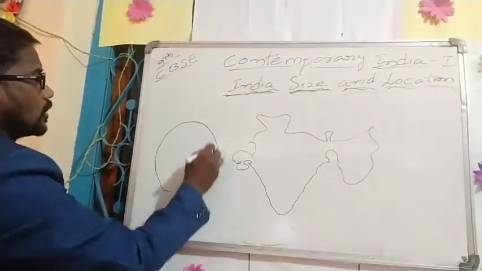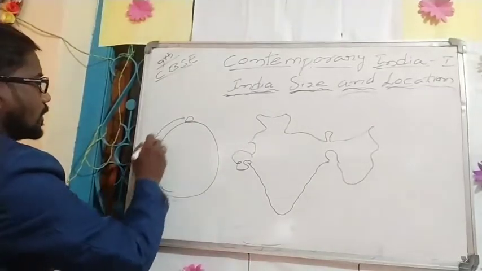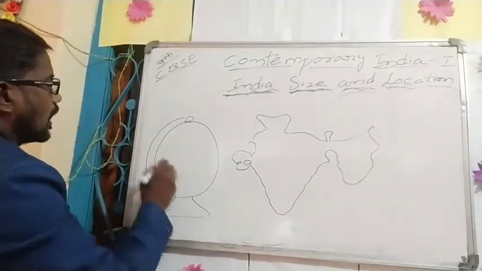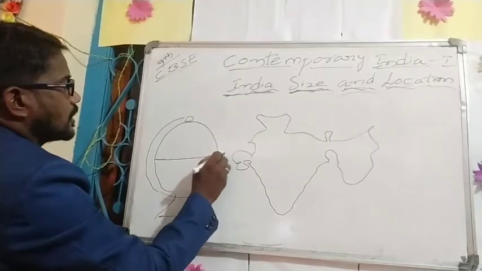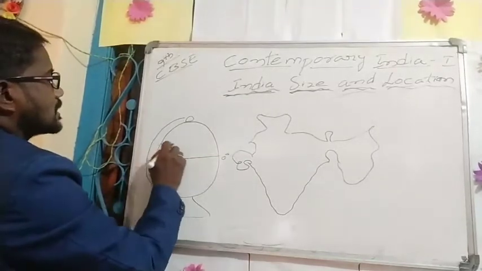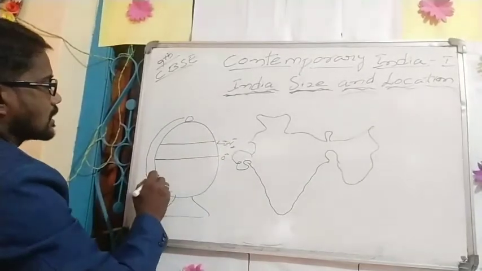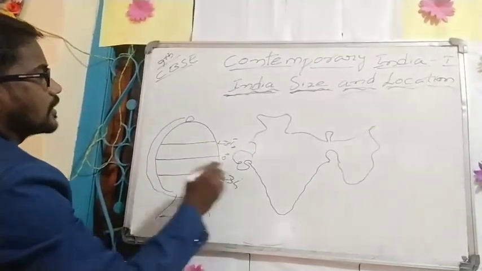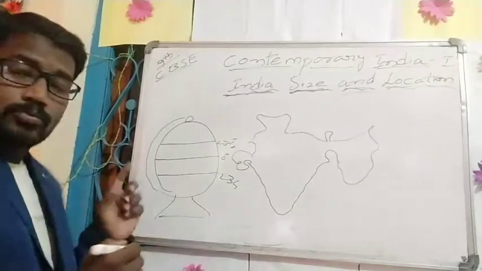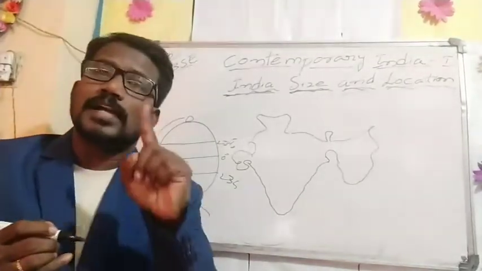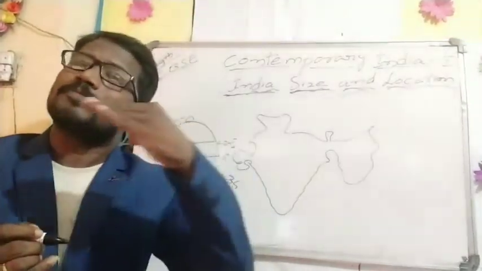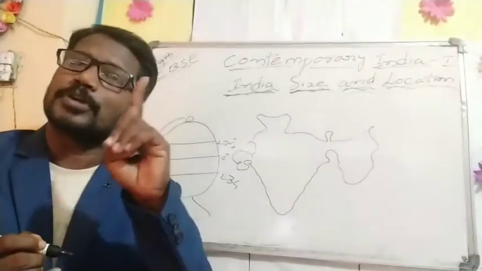We can go through the globe also. So this is the globe. This is the 0 degree latitude, and this is the 23.5 degree Tropic of Cancer. This is the 23.5 degree Tropic of Capricorn. But we know very well, one latitude passes through the middle of our country, which is called the Tropic of Cancer.